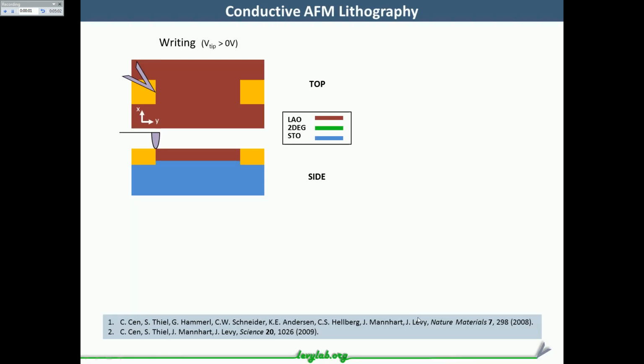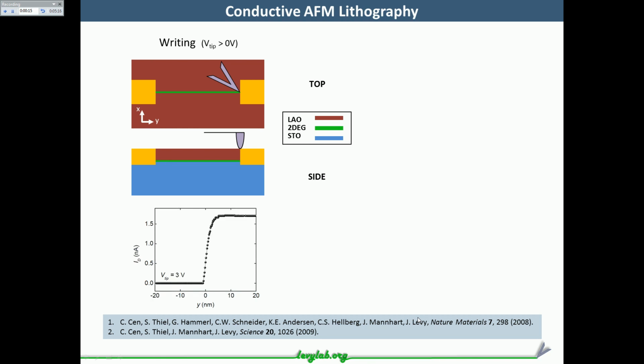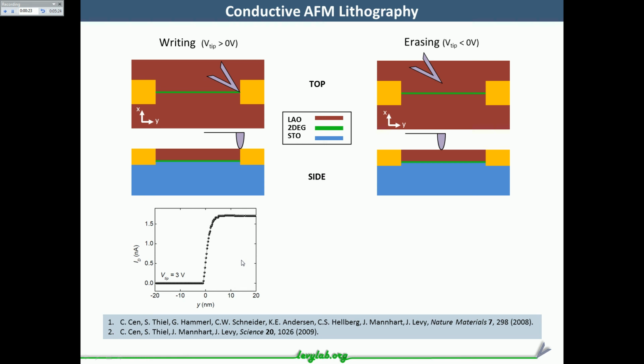The way that we write the devices is we have a blank canvas, and by applying a positive voltage to a conducting AFM probe and connecting to contacts, we essentially write a nanowire, as can be seen by the increase in conductance when the two contacts are connected. The process is reversible, so by applying a negative voltage, the written structure can be erased.